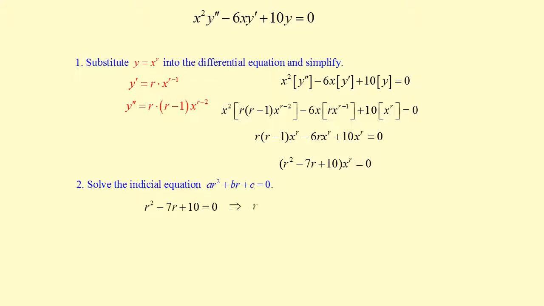This gives us the roots that we can write our answers from. Two distinct real roots simply means that our two solutions are c1 x to the 5 and c2 x to the 2.